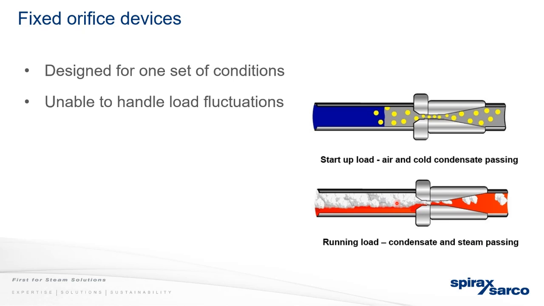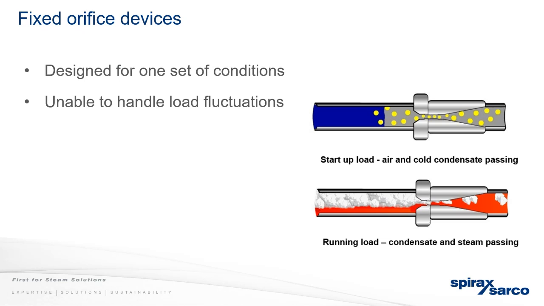Nick, and the other thing with these is that if they are slightly oversized, like what you show in that diagram there, then you will lose steam. But we've also seen that because the orifice is very small, they do sometimes tend to clog up, especially if you don't have a strainer in front of it. And as that hole starts blocking up, you get condensate backing up, and then you have the same sort of issues as a failed closed steam trap, essentially.